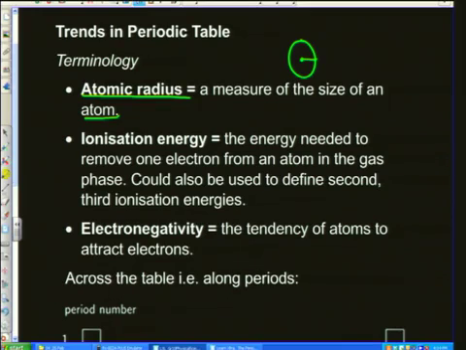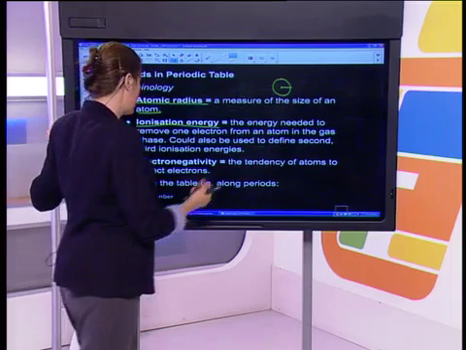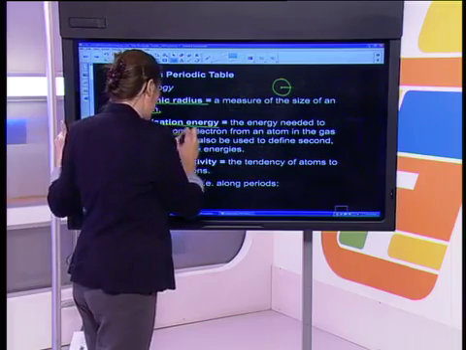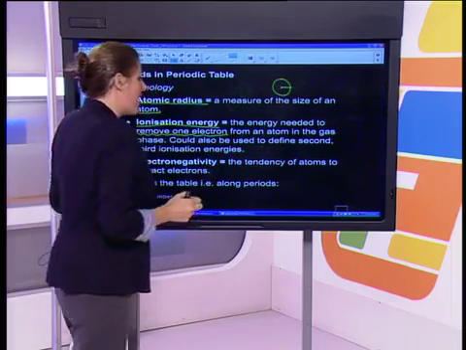Ionization energy is something new. This is one that you probably haven't come across before, but it's an incredibly important one. Ionization energy, they tell you what it is, even in the word. It's an energy value. It's how much energy we need to put in to take away 1 electron.